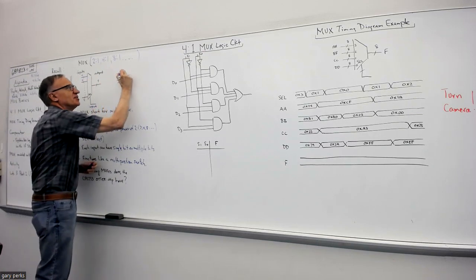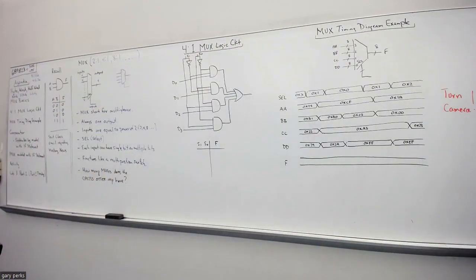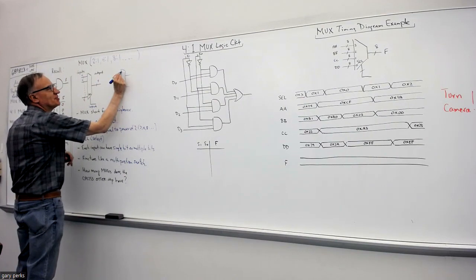You'll typically see the inputs labeled with numbers: 0, 1, 2, 3.